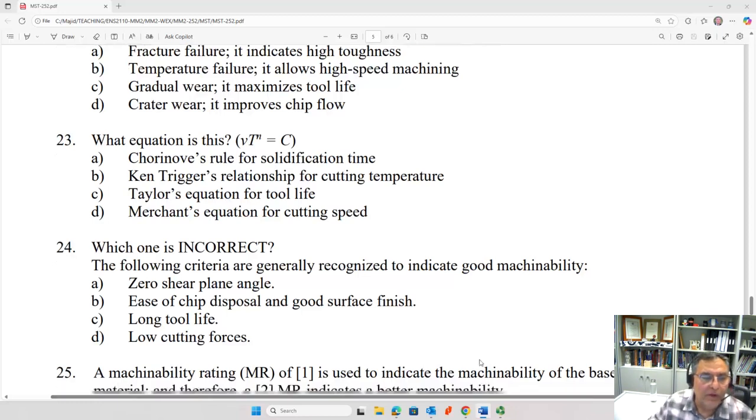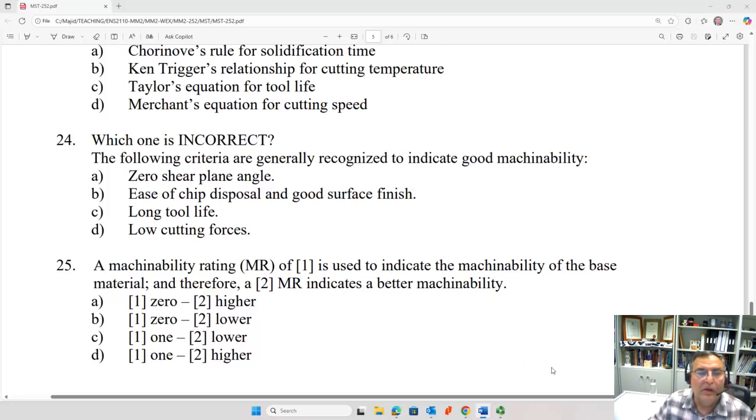Question 25. A machinability rating of 1 is used to indicate the machinability of the base material, and therefore a 2 machinability rating indicates a better machinability. What should be sitting in the places of 1 and 2?